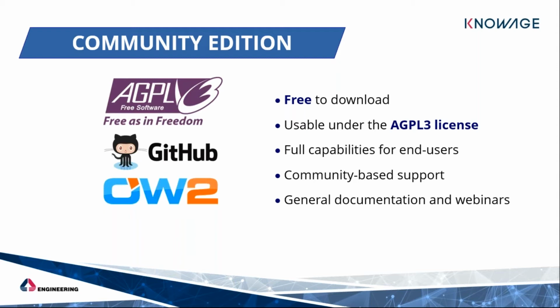It is important to understand that the community edition has all the capabilities for an end user. So if you would like to work with Knowage as an end user, you can use the community edition without problem.